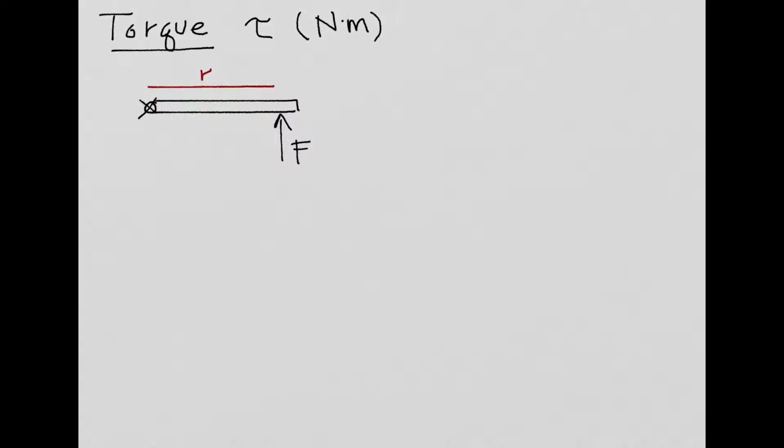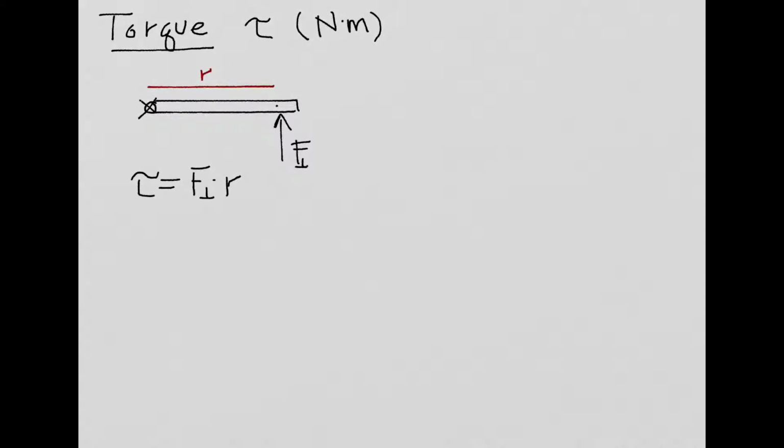So what we're looking at is really the force that's perpendicular to the door, applying at a point a distance r from the axis. So we're going to define torque as the perpendicular force times the distance from the axis.